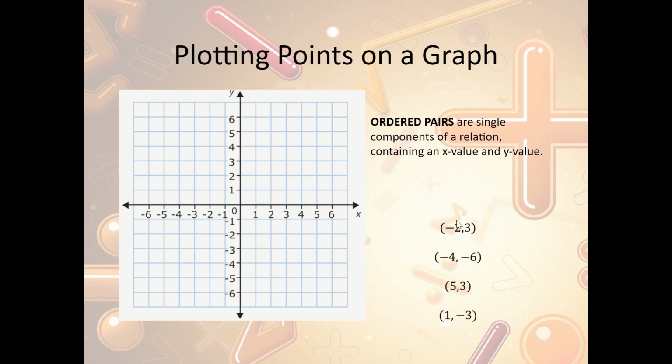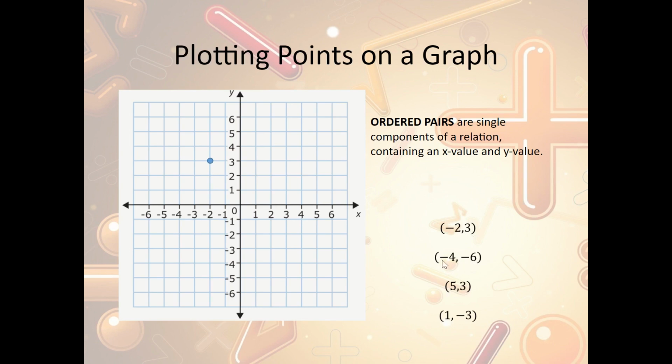The way this works is my x goes first and then my y. If you have trouble remembering that, just remember that they go in alphabetical order. So x, then y. My x is -2, so I'm going to go along the x-axis and find -2, which is here. And my y is 3, so I'm going to go along my y and go up to 3, right there. And I'm going to plot my point. That represents -2, 3.